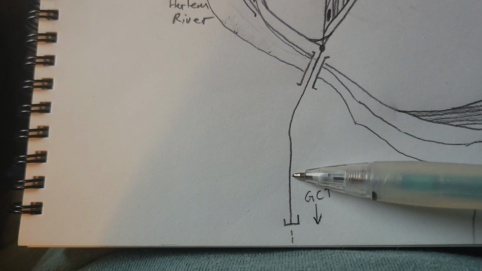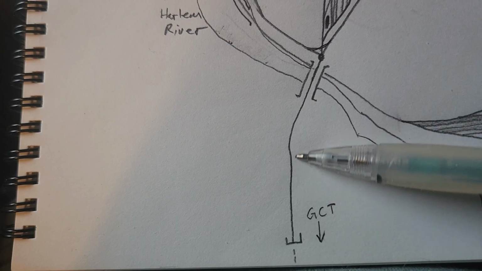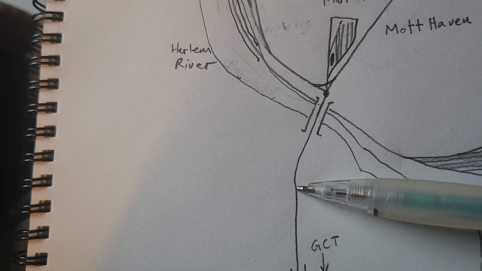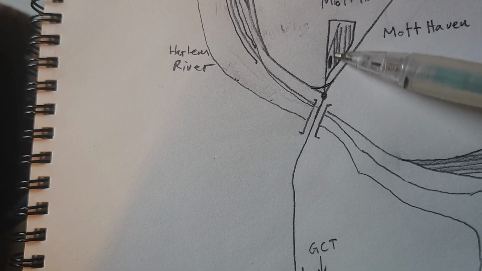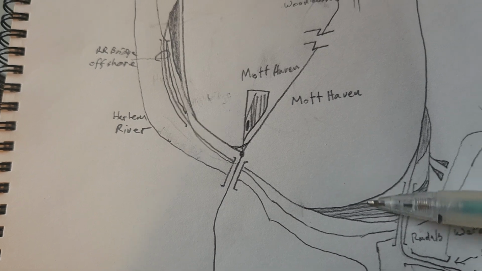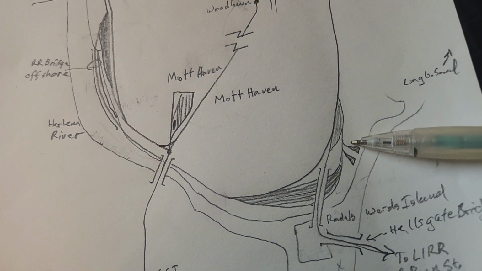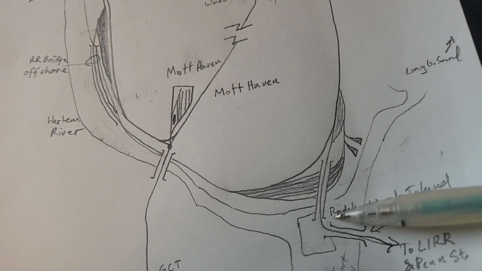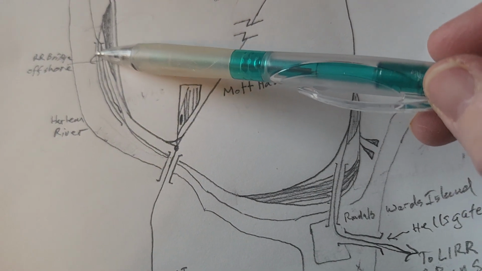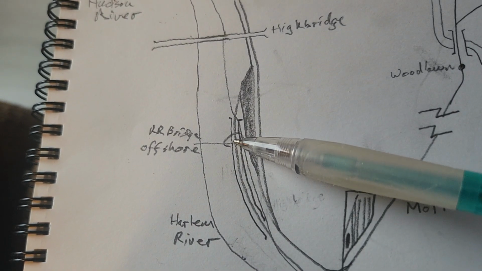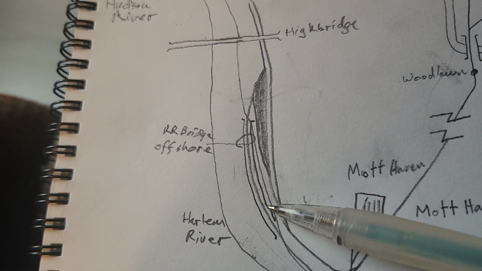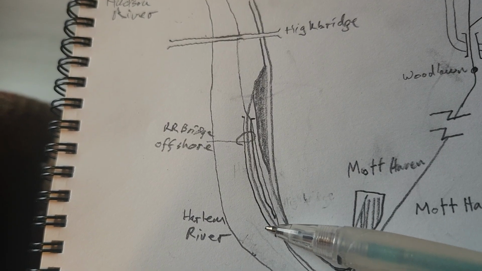So this 4-track main line I thought was really busy before was even more busy than I realized until I started looking at this area. And note to self, this whole area around the East River and the Harlem River and all along here, especially this really crazy bridge that blocks off the whole Harlem River coastline right here.